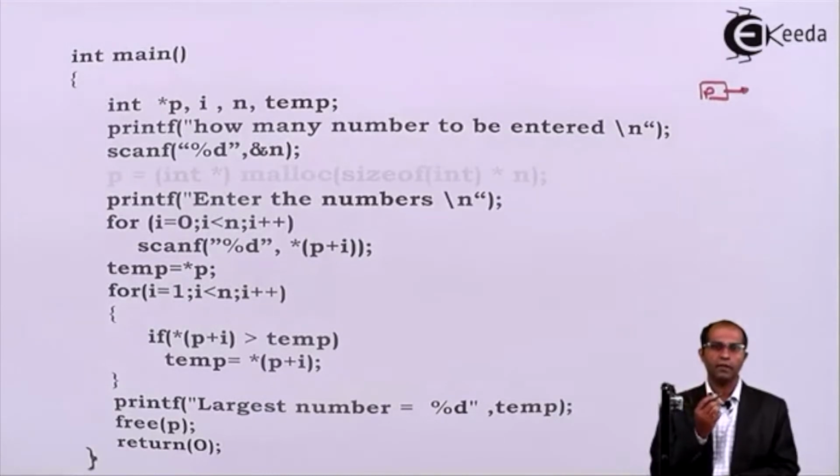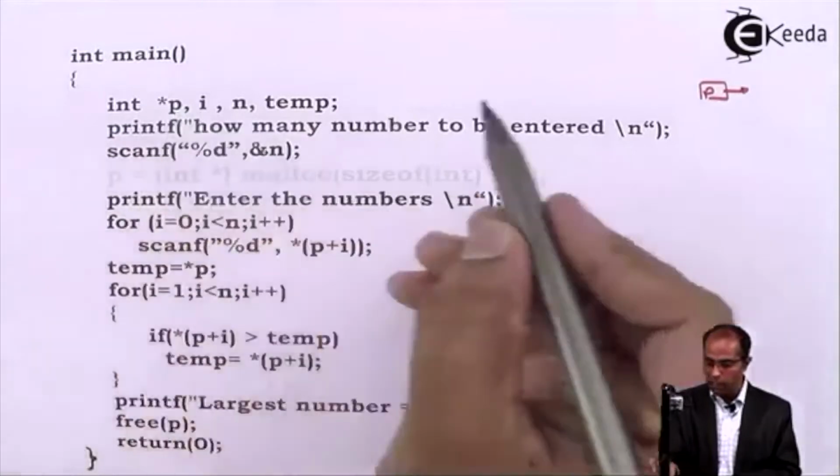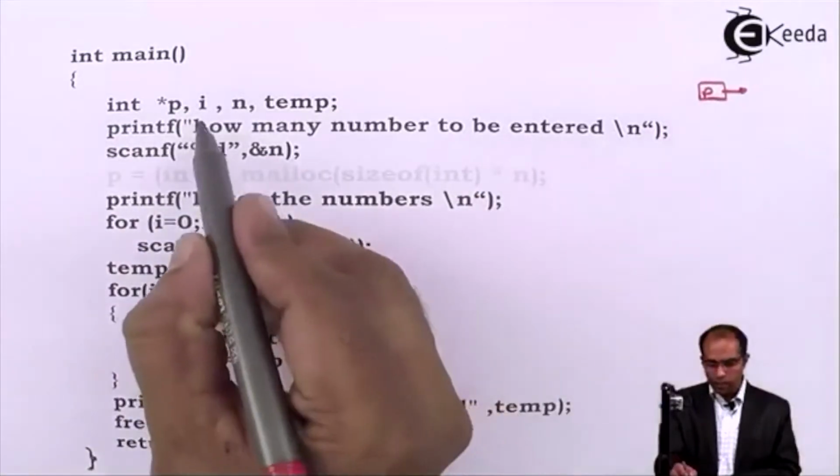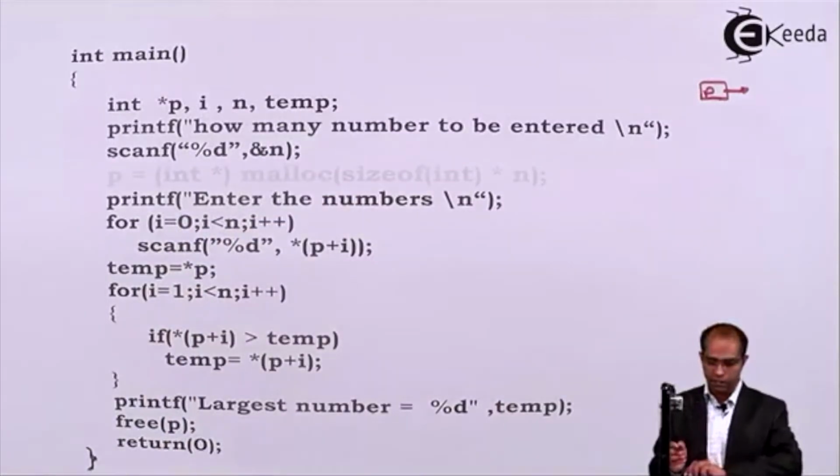Is this an array? At this point of time, the best statement which justifies what p is: p is a pointer to an integer value. So p is a pointer which I have drawn at this place. Apart from this, I have i, n and temp, which we'll see at a later stage.